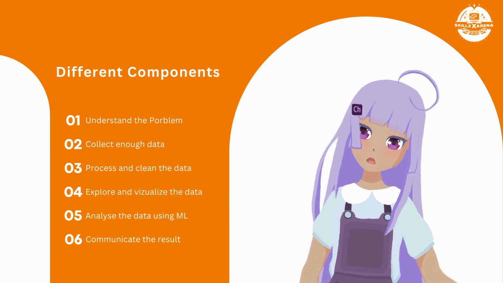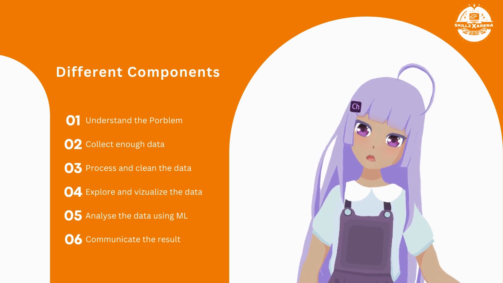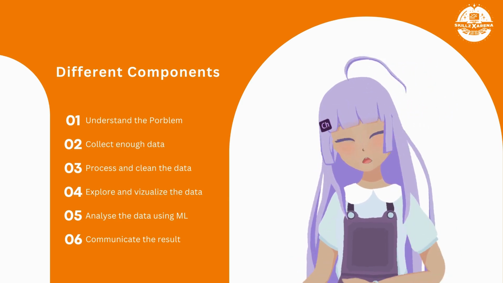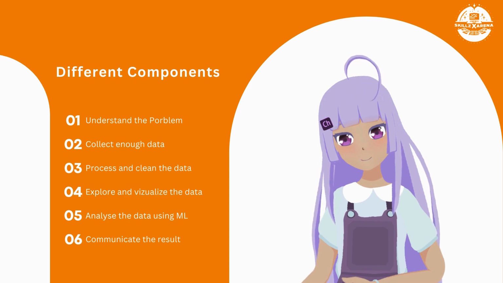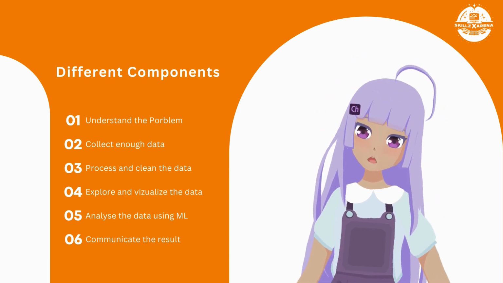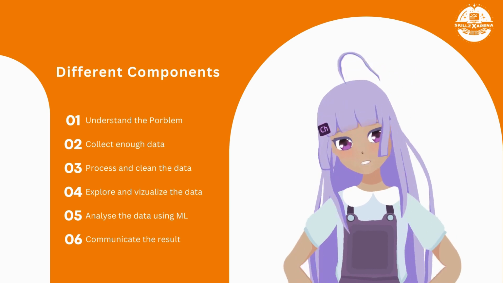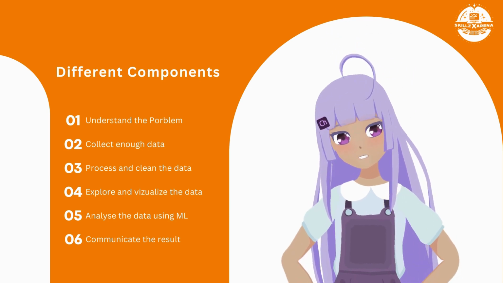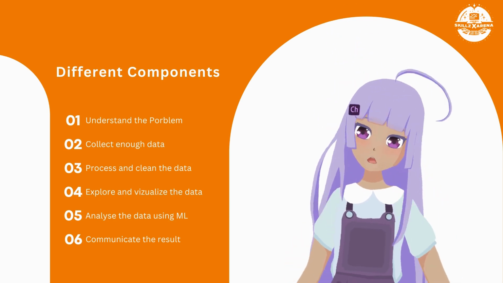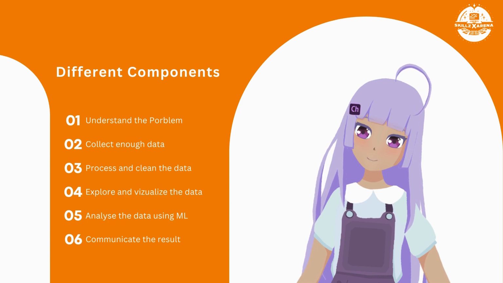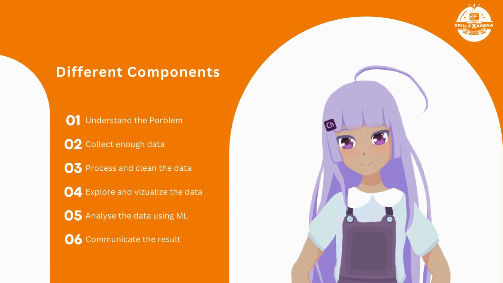After the second step, that is, after gathering the data required for our analysis, the next step is to process and clean the data. Cleaning of data means we must have acquired a lot of garbage while collecting data from multiple resources, and we have to get rid of all this garbage before we start any kind of processing on this data.